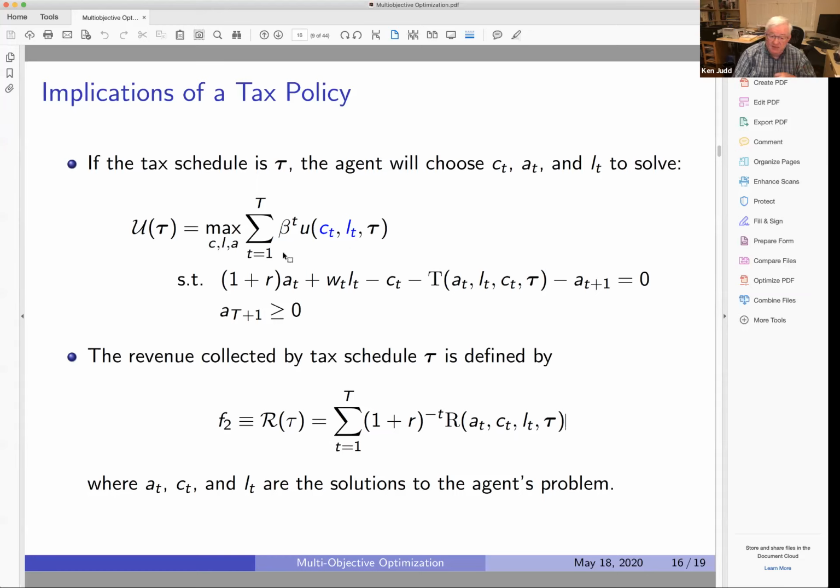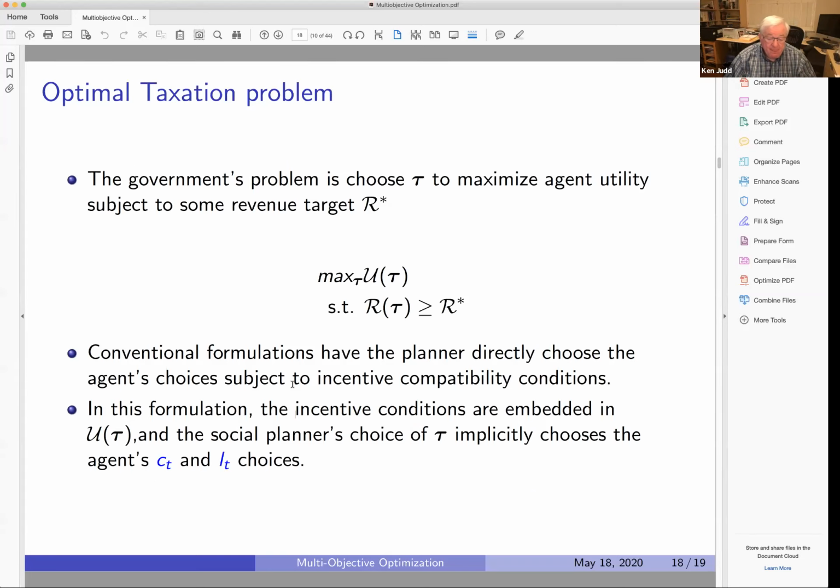So now we have the utility of the agent and the revenue of the government, both expressed as functions of the tax schedule tau. Now, what we can do is think of the optimal tax problem as basically finding the optimal tau, the optimal tax schedule, such that it maximizes utility, but the revenue hits some target revenue R star.